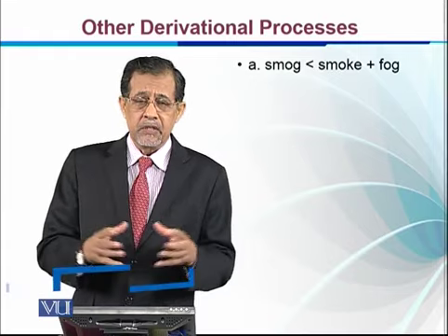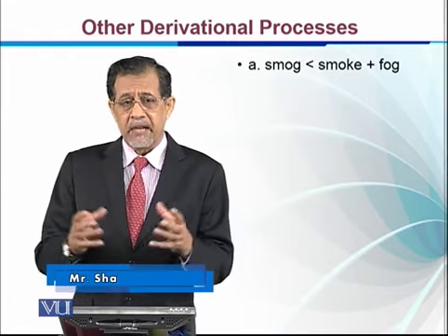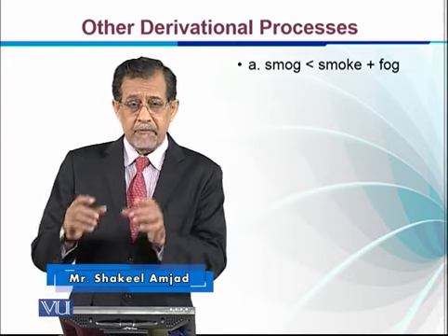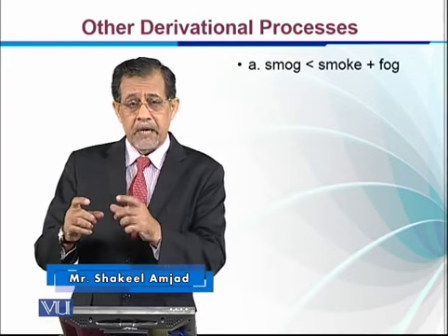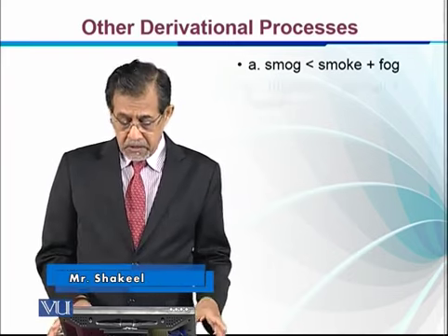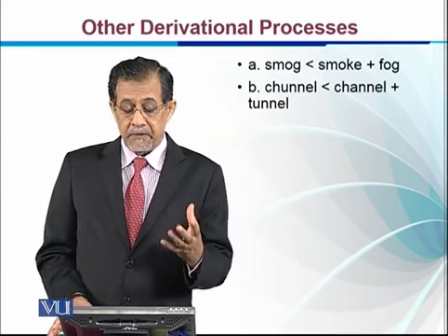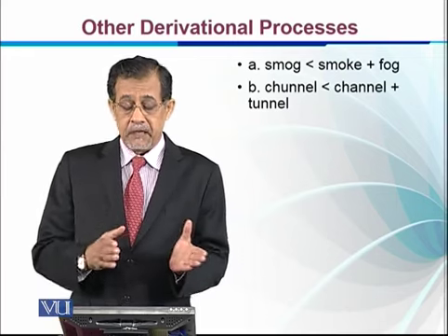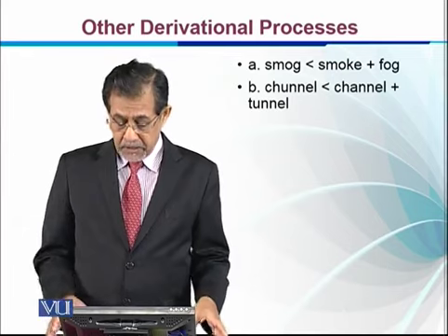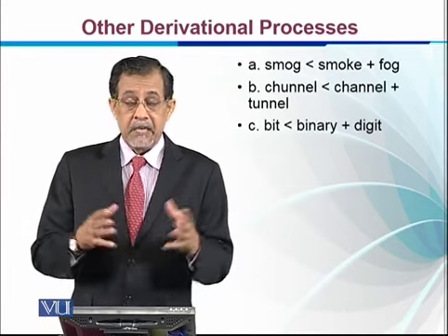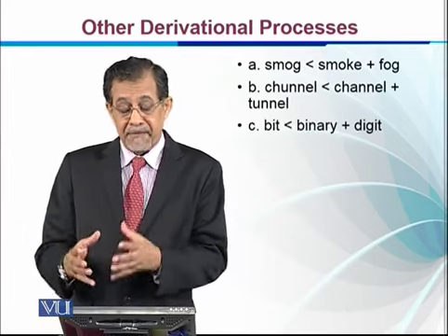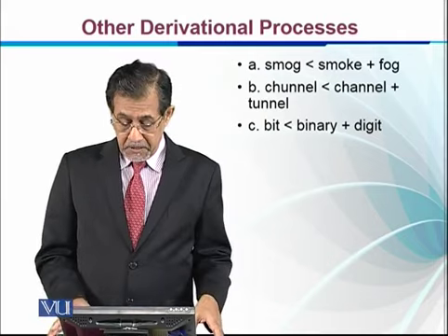We know that it's a combination of smoke and fog. So we've taken one part from smoke and one part from fog. Similarly, we have chunnel, taken from channel and tunnel. We have bit, from binary and digit.